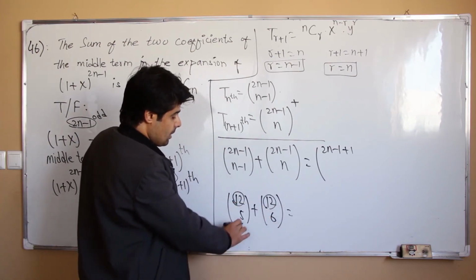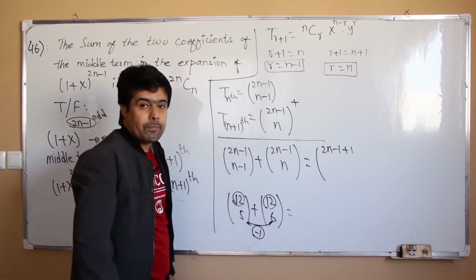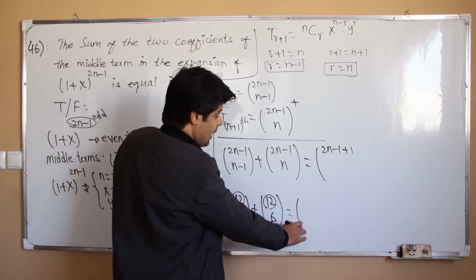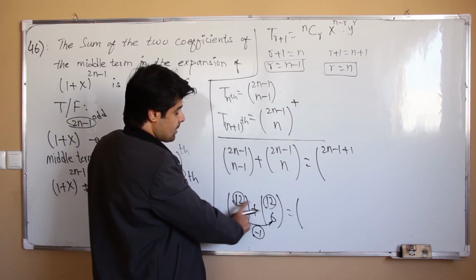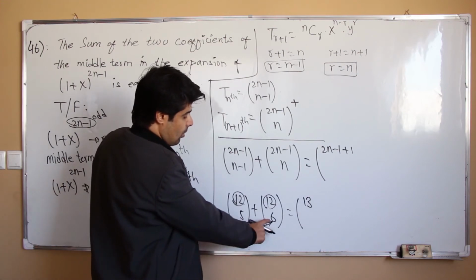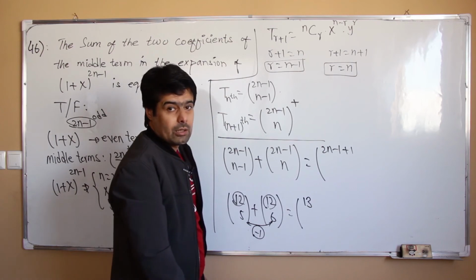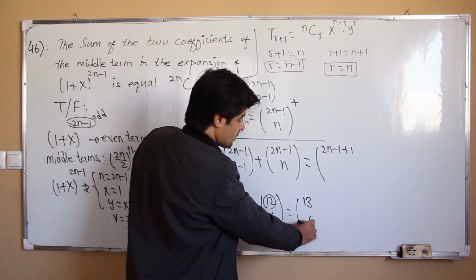These are the same, and the difference between these is minus 1. So what's the answer? You add one to this number, which is 13. And from these r's, you have to take the greatest one. The greatest one is 6.